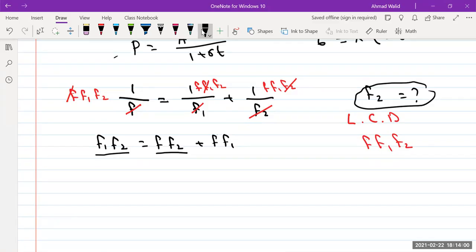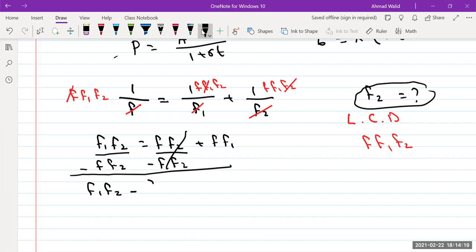First, I have to move the F2s to one side. It means I will subtract F2 from both sides. Your left side will be F1 F2 minus F2 equals F1.